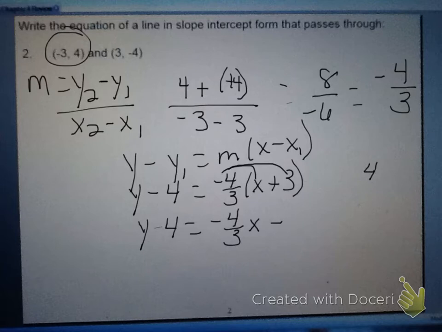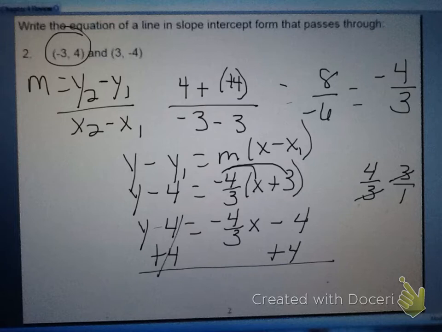Now if you need to go to the side and multiply, do so. Cross reduce, your 3's go away, so that just turns into 4. Add 4 to both sides, and you get y equals negative 4/3 x. That goes away. You can either write plus 0 or you don't even have to write anything at all. In other words, your b is the origin.